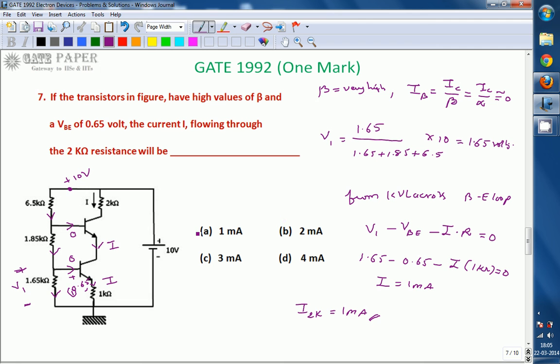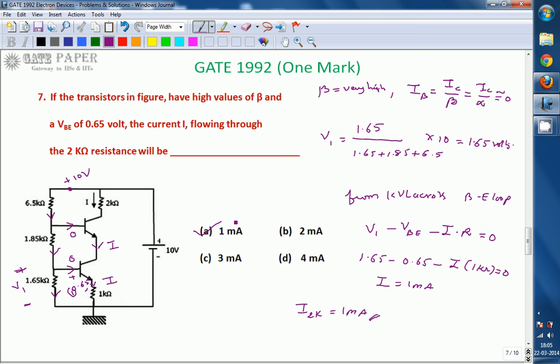So the right answer is A. Remember that whenever beta is very large, we can neglect the base current. If you neglect the base current, then the collector current is the same as the emitter current. Because of that, the current I flowing in 2 kilo ohms is the same current which also flows in 1 kilo ohm.